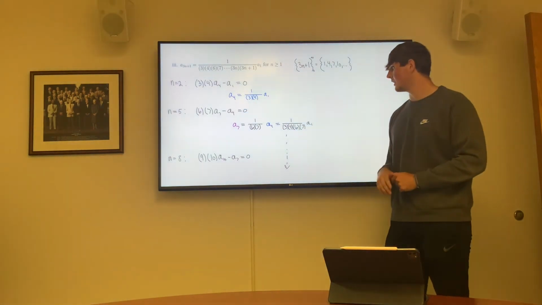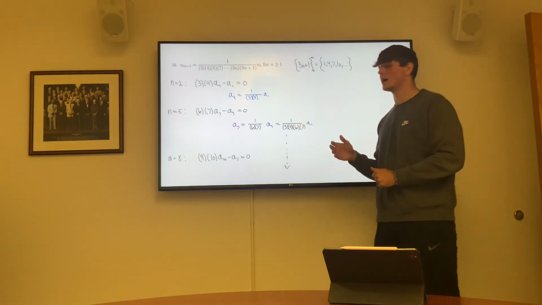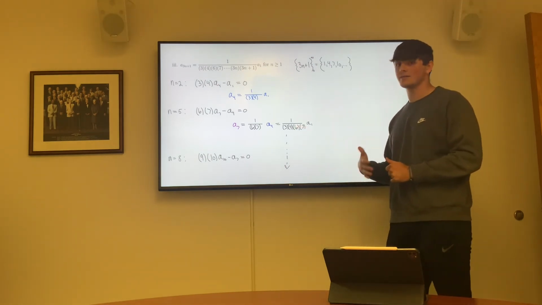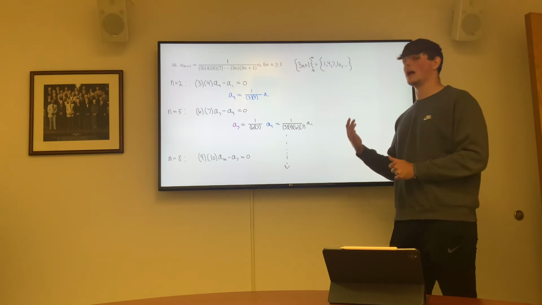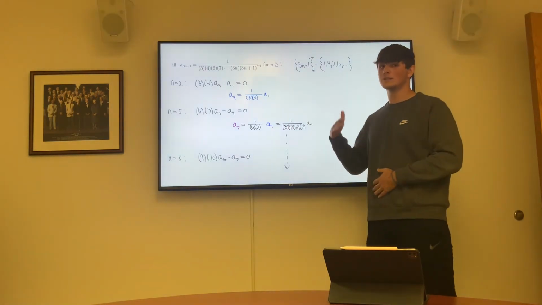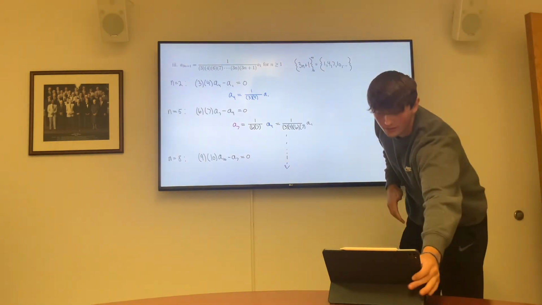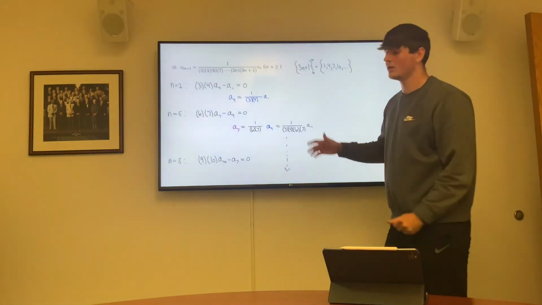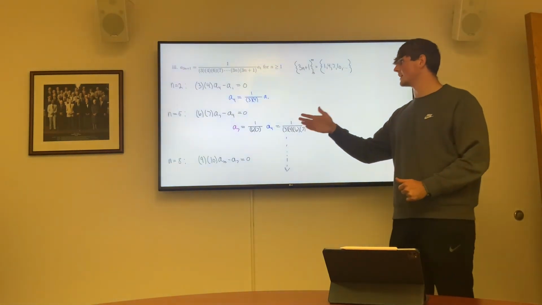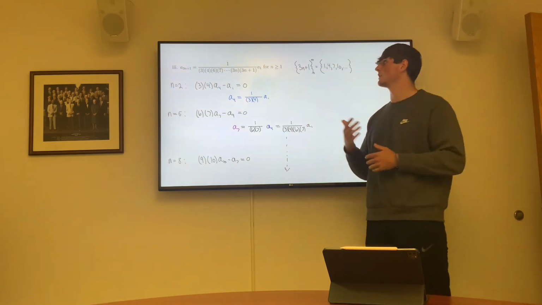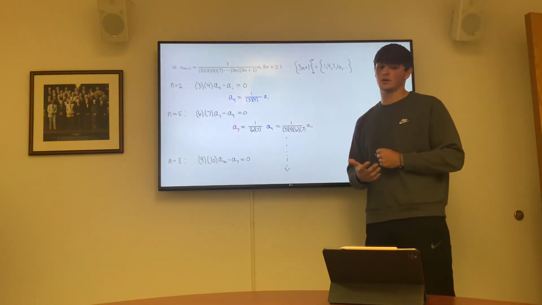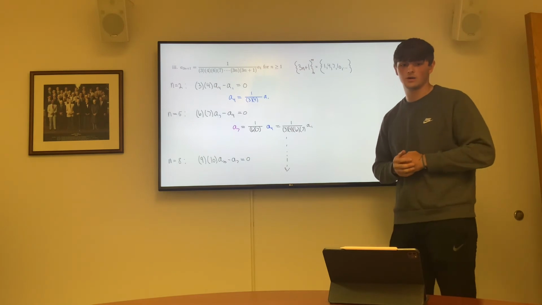Substitute that in, and we get 1 over 3 times 4 times 6 times 7 multiplied by a1. This trend will continue, so on and so forth, to 1 over 3 times 4 times 6 times 7, and so on, times 3n plus 1, multiplied by a1.